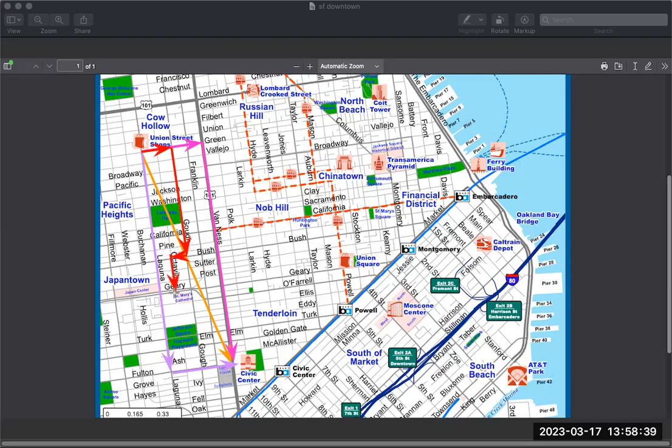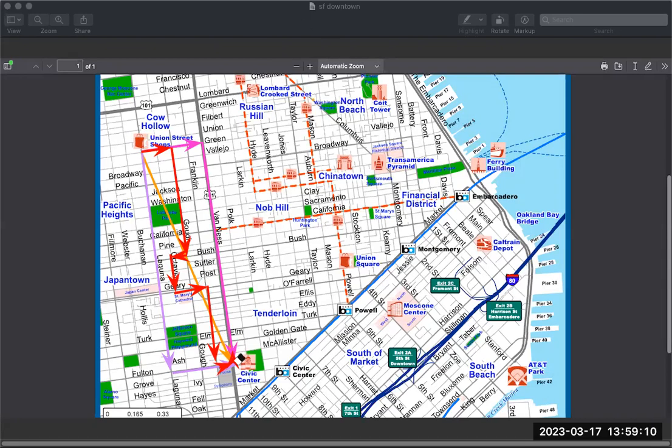We have to turn on Geary, all the way over to Franklin, and then we can take Franklin down to Fulton Street and then Fulton Street over here. So once again, we've started in the same spot and we've ended in the same spot. So the sum of all these vectors must equal our original orange vector.